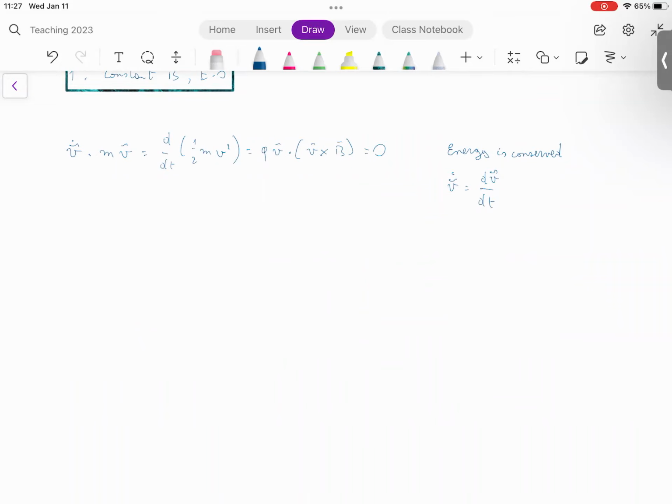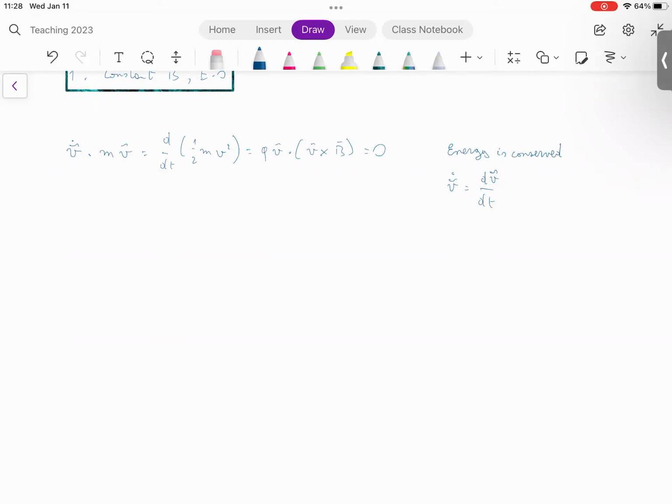Now, B is constant, it doesn't depend on space, so I can decide to arrange my Cartesian axes in any direction in a way that B is parallel to one of the axes.